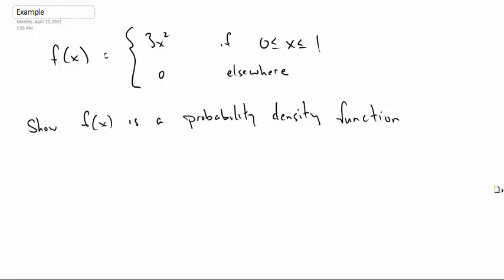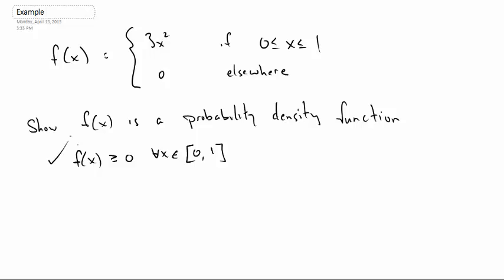So we have f of x being the piecewise function, 3x squared if x is between 0 and 1 inclusive, and 0 everywhere else. Show that this is a probability density function. Well, f of x is greater than or equal to 0 for all x on the interval 0 to 1. So that's the first condition that has to be met.